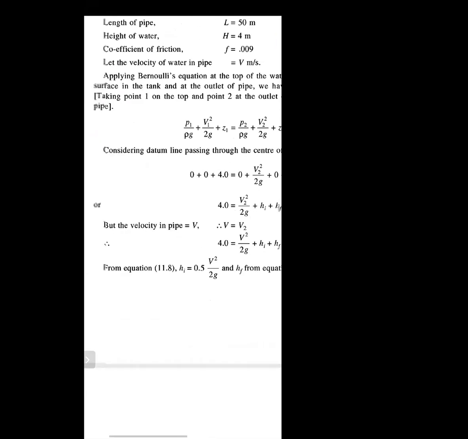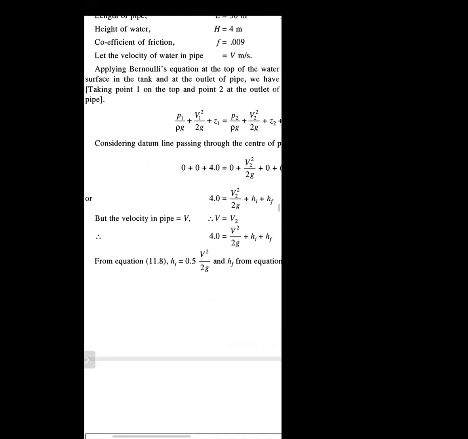Then from above, calculate hi, which is 0.5 V square upon 2g.